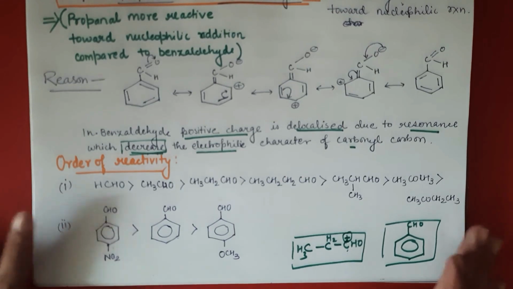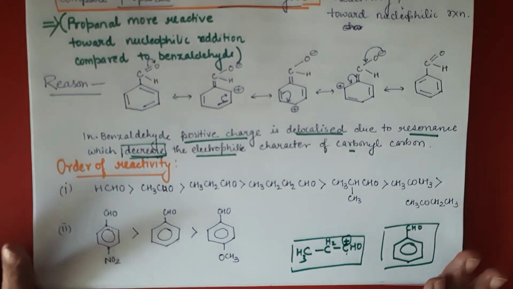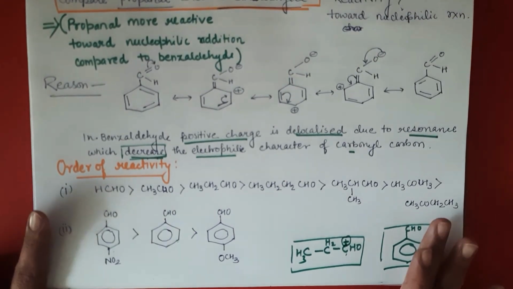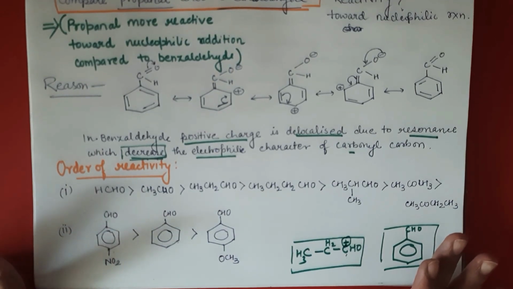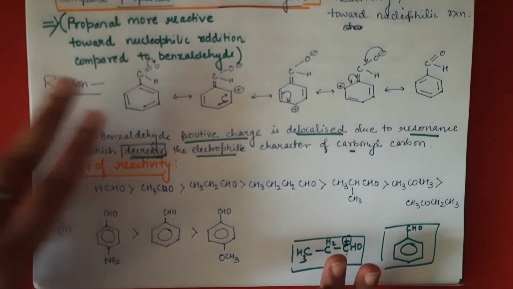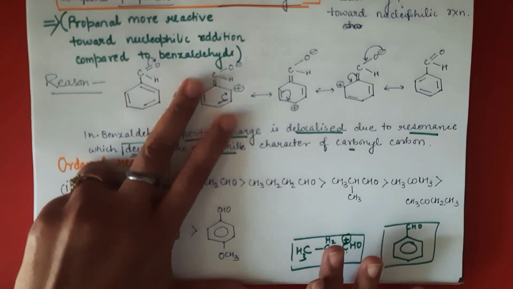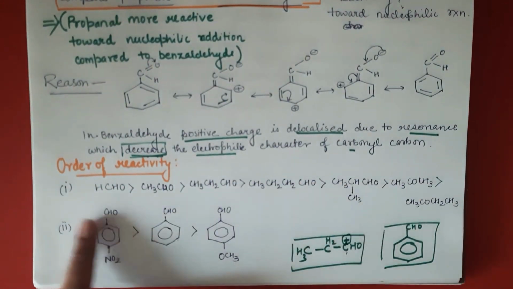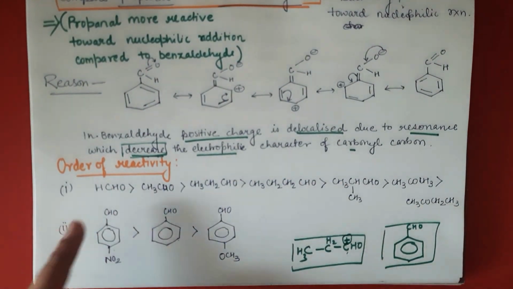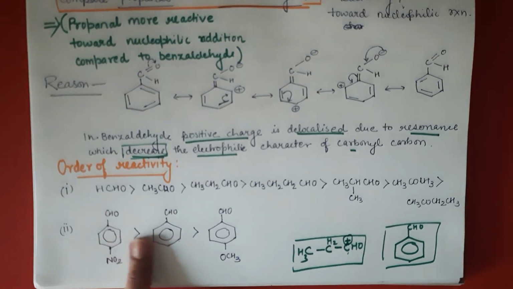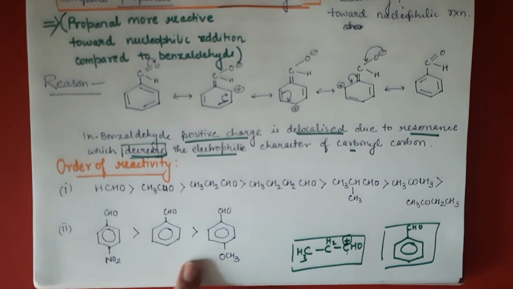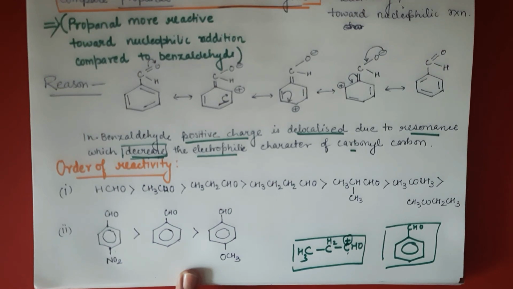So in this video we have discussed nucleophilic addition reaction, and we have compared the reactivity of aldehydes and ketones and also the reactivity of propanal and benzaldehyde. And after writing this series, you can give the reasons also for this decreasing order of reactivity.